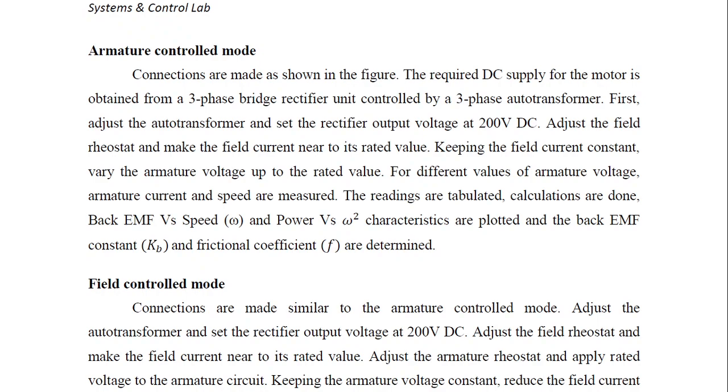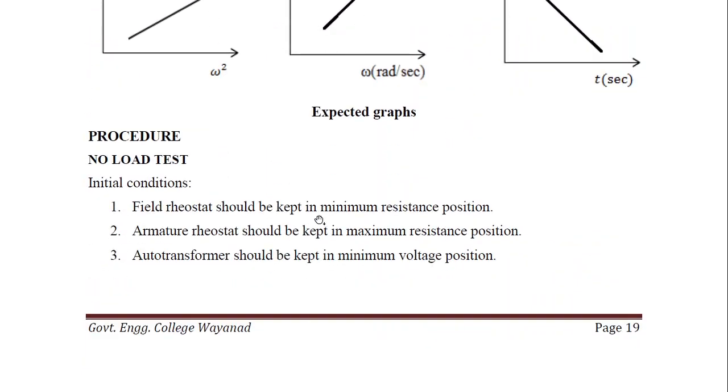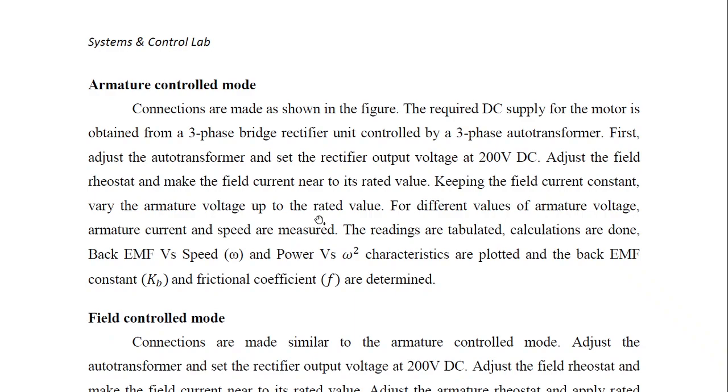Then we will adjust the field rheostat, which is kept at a minimum position, and set the field current near to its rated value. The rated value of the field current will be given in the nameplate of the DC shunt motor. So you have to note that down, vary the field rheostat and keep the field current near to its rated value.